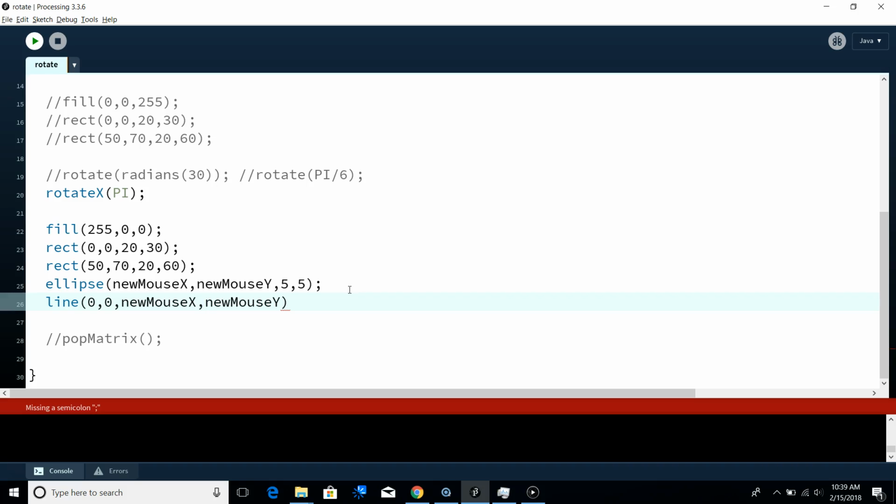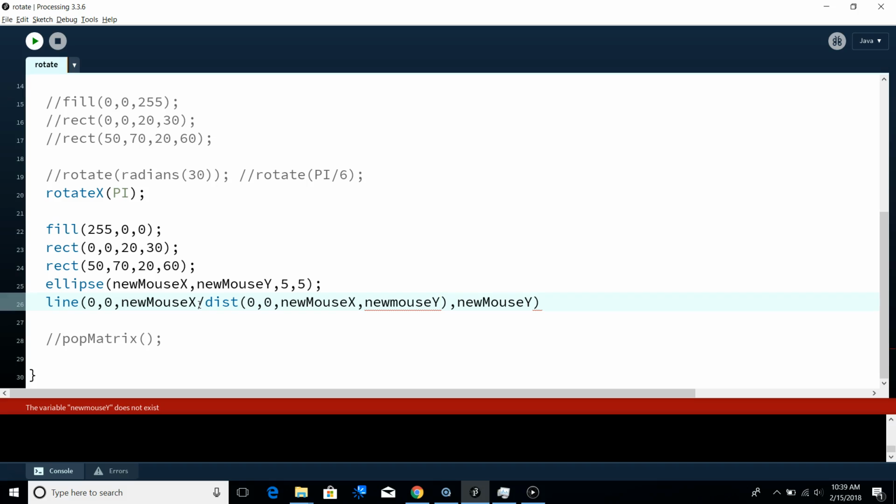I just want it to point at the mouse, right? So to get it to point just at the mouse, but not actually go all the way to the mouse, you take the point that you're going to and divide by the distance between 0, 0 and your new mouse x, new mouse y.